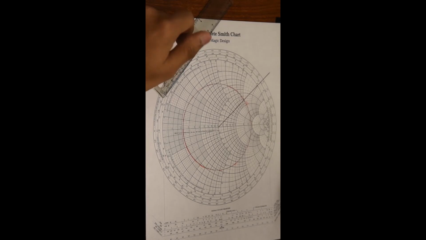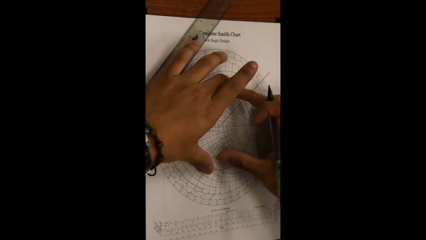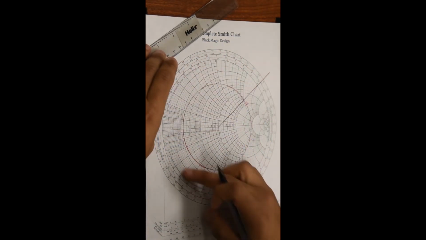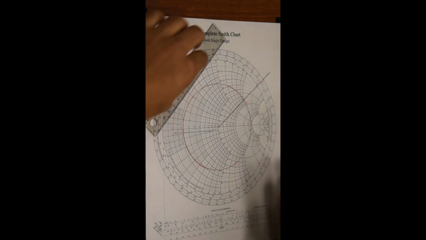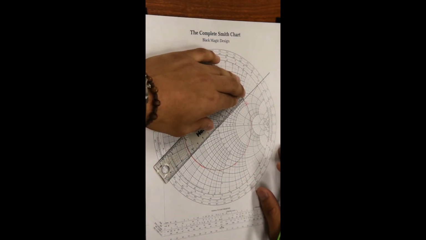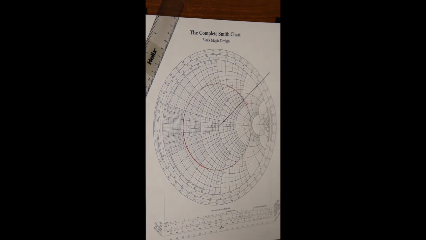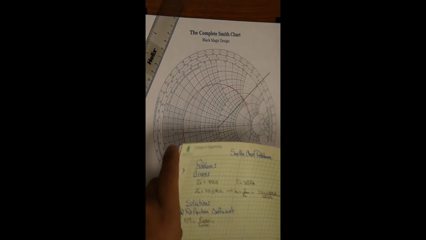Now we can go ahead and calculate the magnitude of the reflection coefficient. It will be determined by the ratio between the radius of the inner circle and the radius of the overall Smith Chart. So in our case, we need to measure our SWR circle radius. That will be around 5.2, and we can write that down.